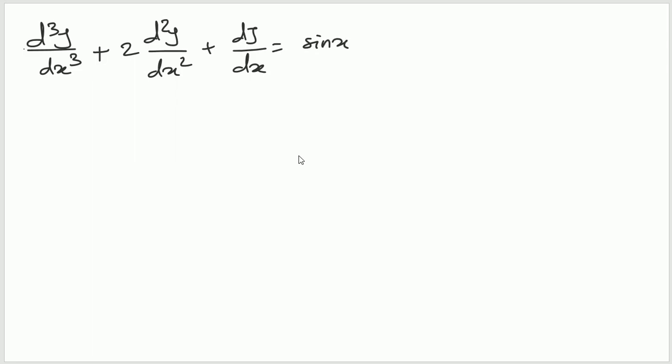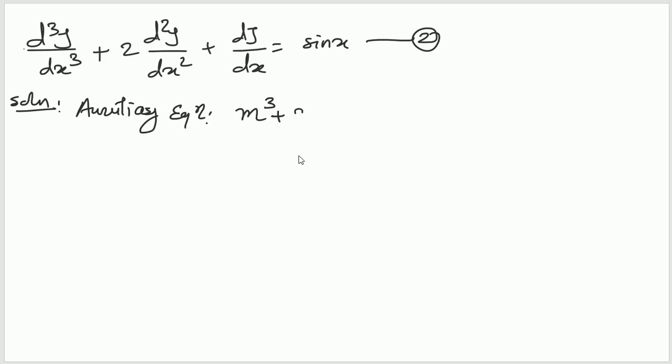We don't have to worry about this right hand side, okay, because we are finding complementary function only. So what is the first step here? Solution. We can directly write its auxiliary equation, right? So the auxiliary equation will be m cube plus 2m square plus m is equal to 0.